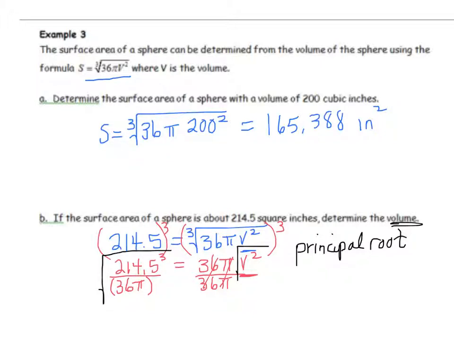So in my calculator, I'm going to hit the square root of 214.5 caret 3, and I'm going to divide that by, I'm still under the square root, parentheses 36 times pi, and hit enter. See if you can get the same thing, but I'm going to get 295.4029. And that would be volume, so that would be cubic inches.